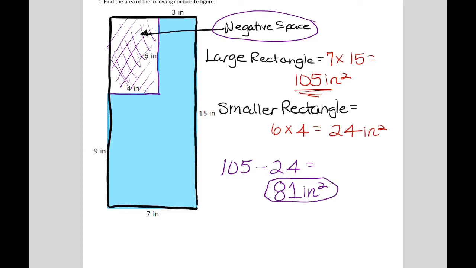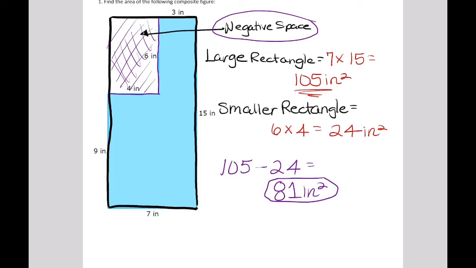I know that was a little bit annoying for me to go over all the different ways of finding area, but I think it doesn't hurt to talk about what all the different ways are. You might see this differently than someone else. You might be talking about how you did this problem, and they might have a completely different way, but you both arrived at the same answer. And the most important part is that you both got the same answer.